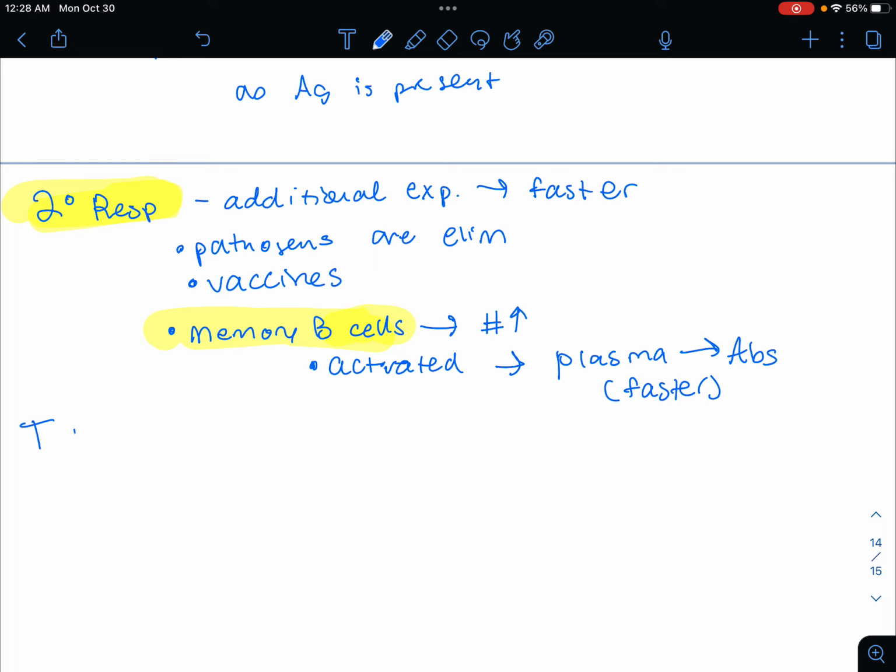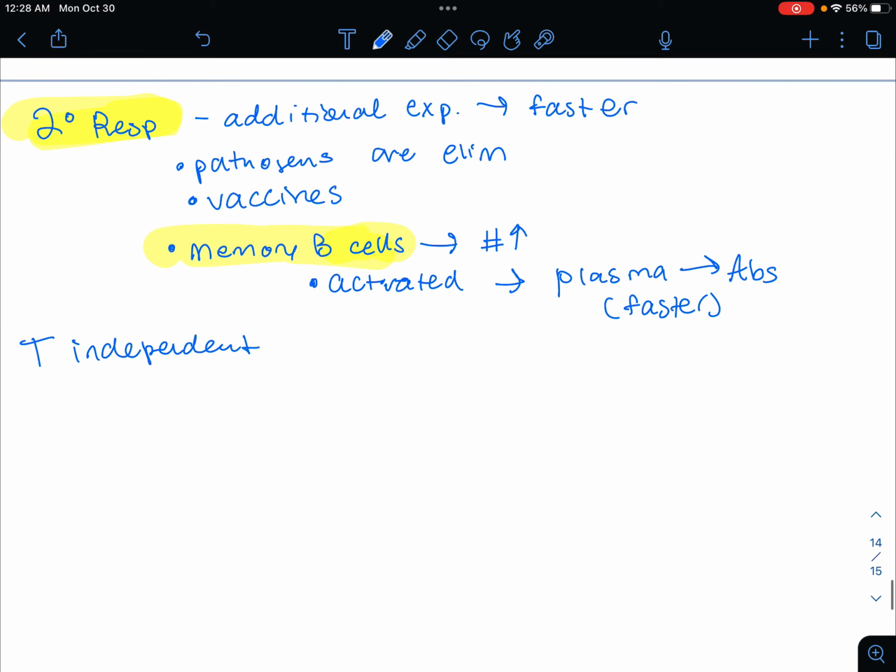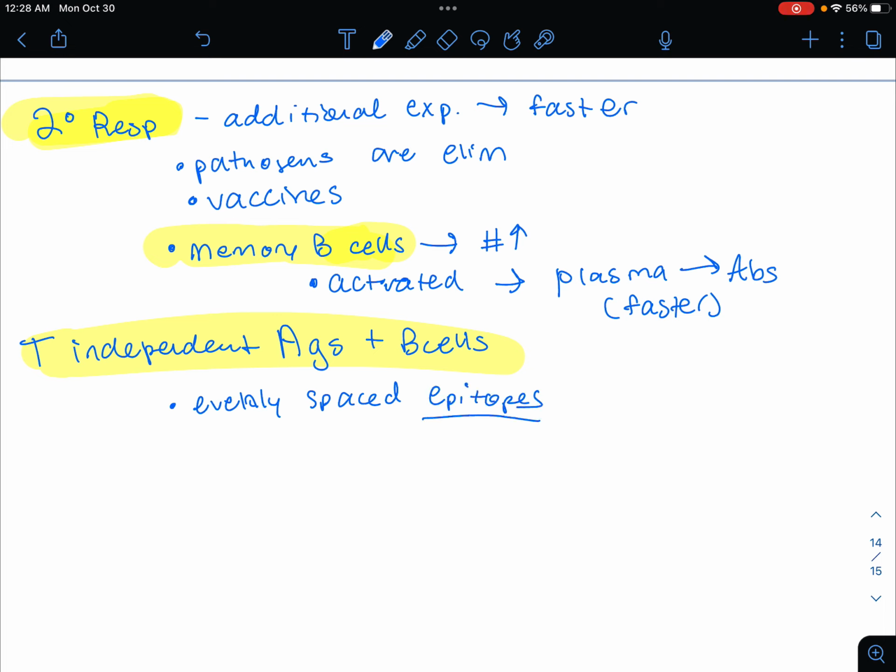T-independent response with antigens in B cells in the humoral system will of course be the antigens with evenly spaced subunits or epitopes for the B cells to recognize using their receptors.